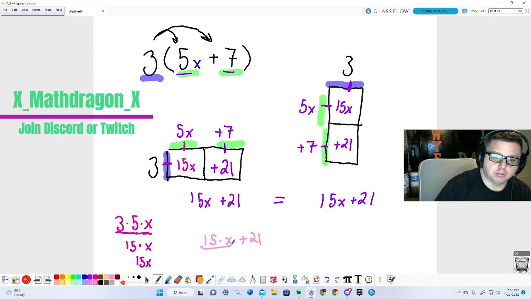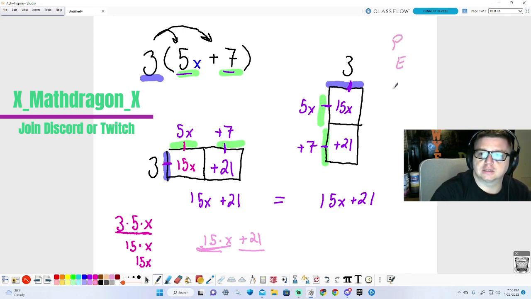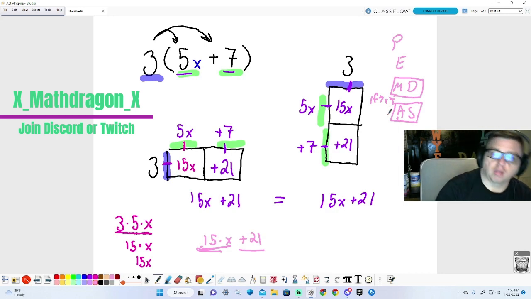What we cannot do, and think about this, if we have 15 times x plus 21, don't we need to do multiplication and division before addition in the order of operations? Remember, please excuse my dear Aunt Sally, where these two are on the same level. These two are on the same level. We work left to right. I think we talked about this before, but we work left to right.